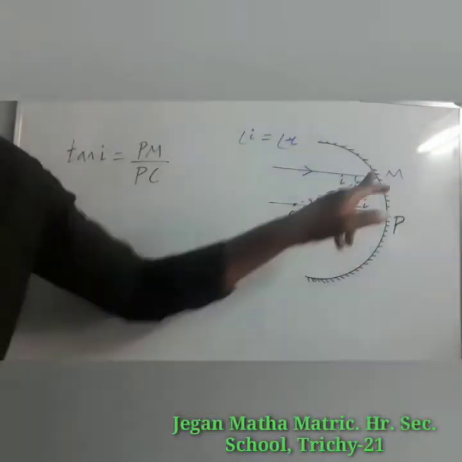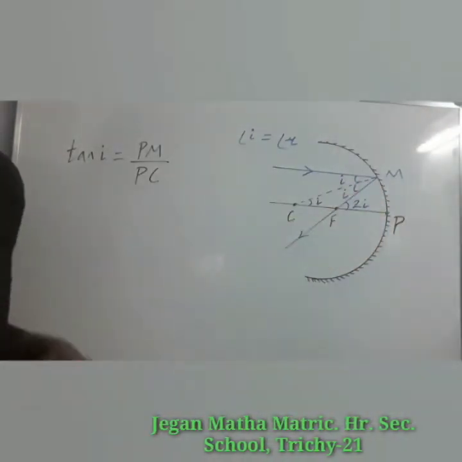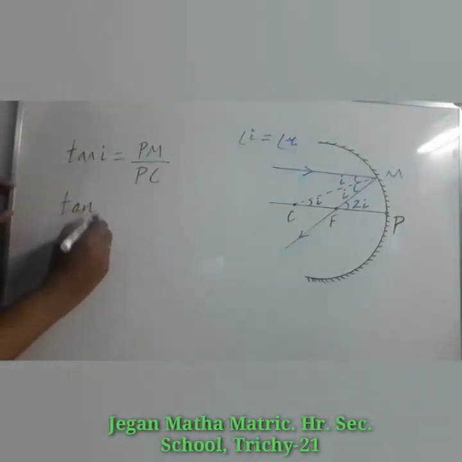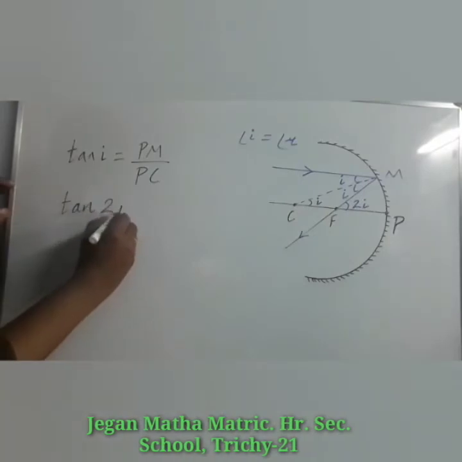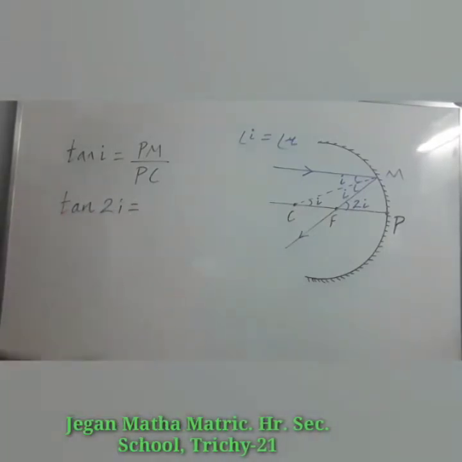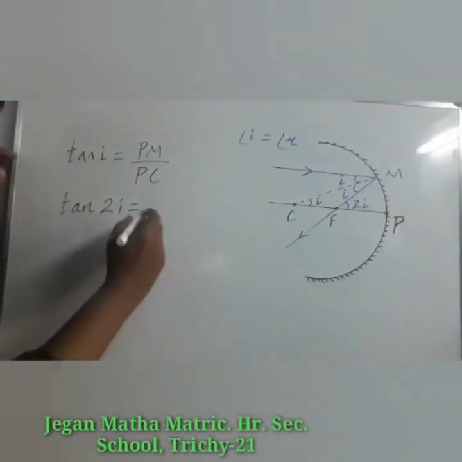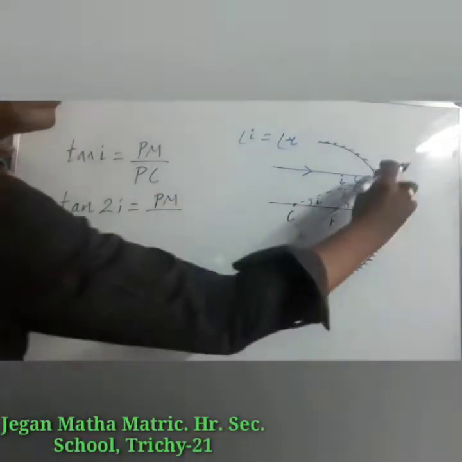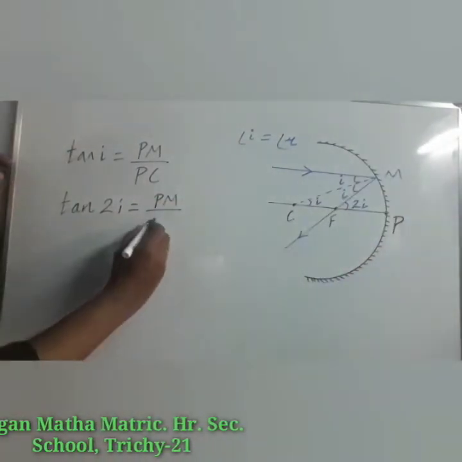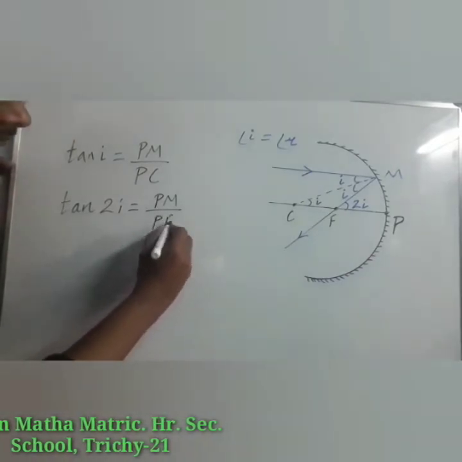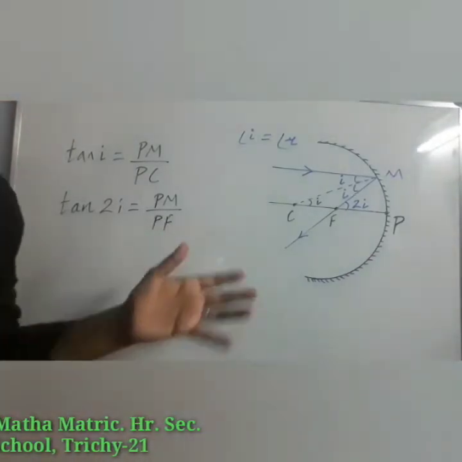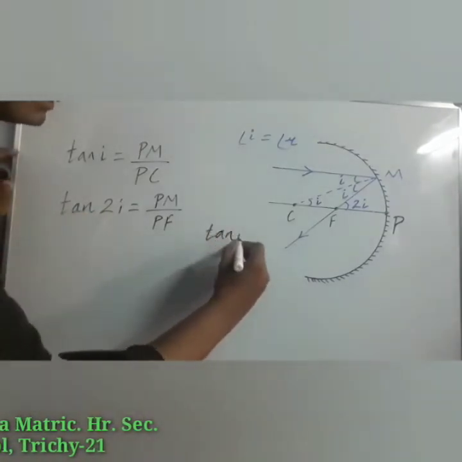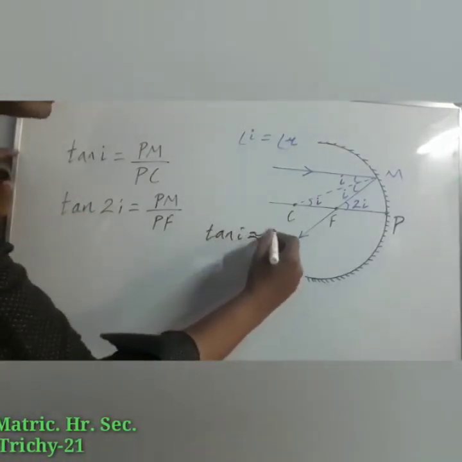In the next triangle MFP, there also you can find the tan value. Their angle is 2I. Opposite side by adjacent side. What is the opposite side? PM, by PF for this triangle. As the angles are very small, tan I can be taken as I itself.